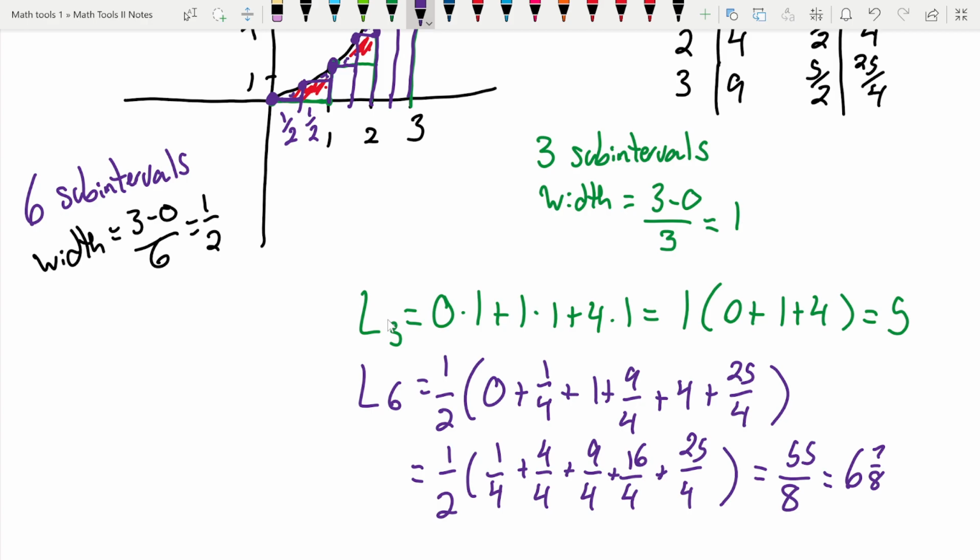And if we take the limit as the number of subintervals goes to infinity, so the limit as n goes to infinity, then we would exactly end up with the exact area under the curve, right? And so that's kind of what we're working up to here. But so this is the left endpoint approximations, or the left Riemann sums.